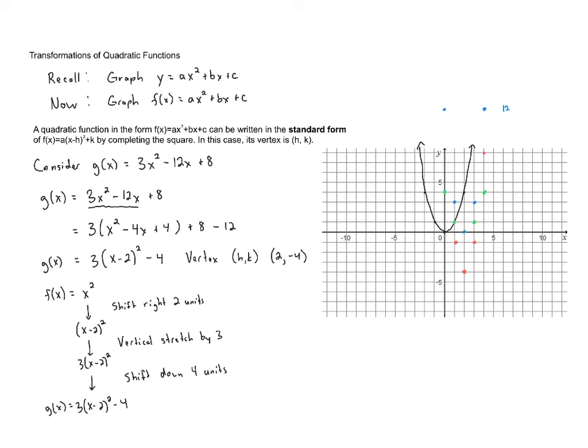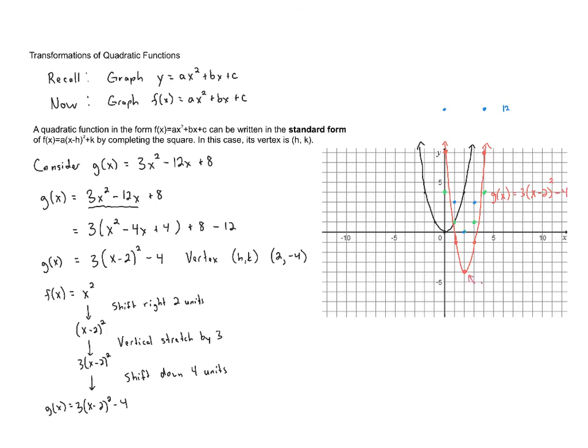So they're going to end up being here and here. And so now we have enough points to draw our shifted parabola. And this is the graph of g of x equals 3 times (x minus 2) squared minus 4.